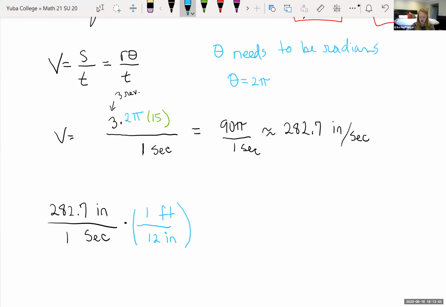But I don't want feet, I want miles. So let's multiply this by what we know about feet and miles. So there are, and I had to look this up, 5,280 feet, which need to go in the denominator to cancel with the feet up in the numerator. This is equal to 1 mile.